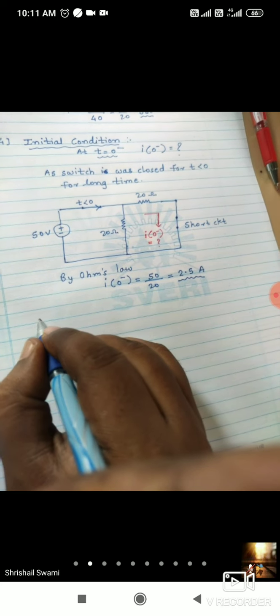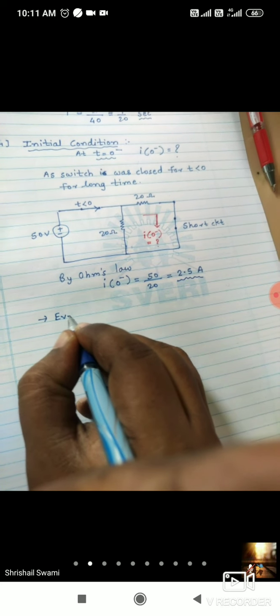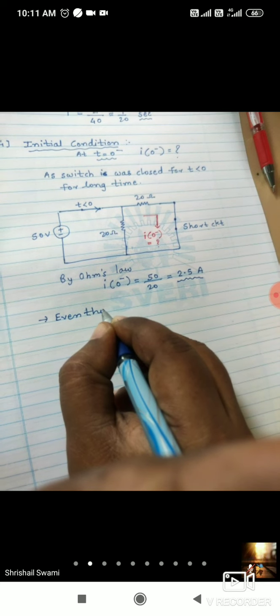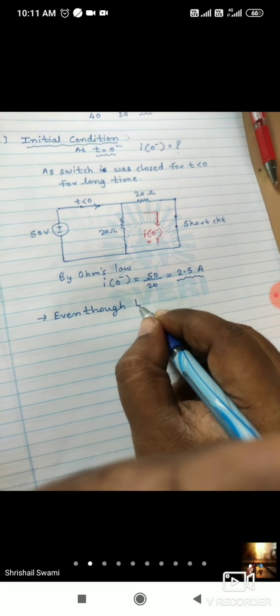So even though the switch is open at t equal to 0, the current remains the same.